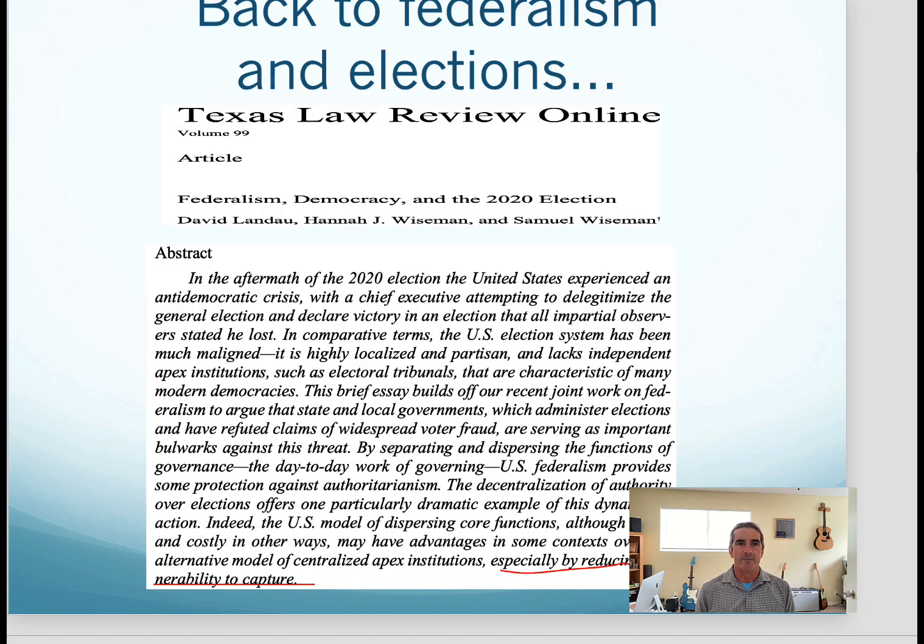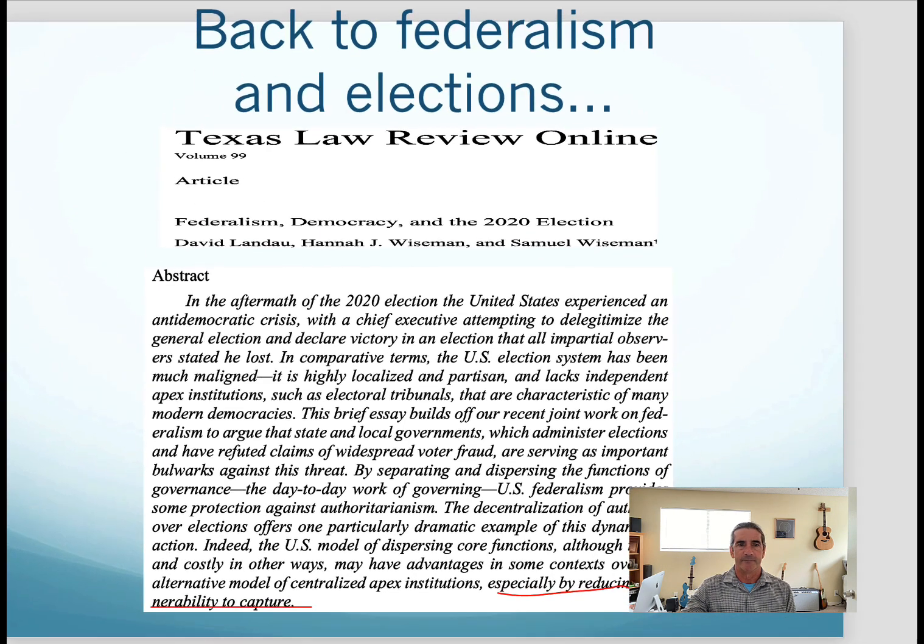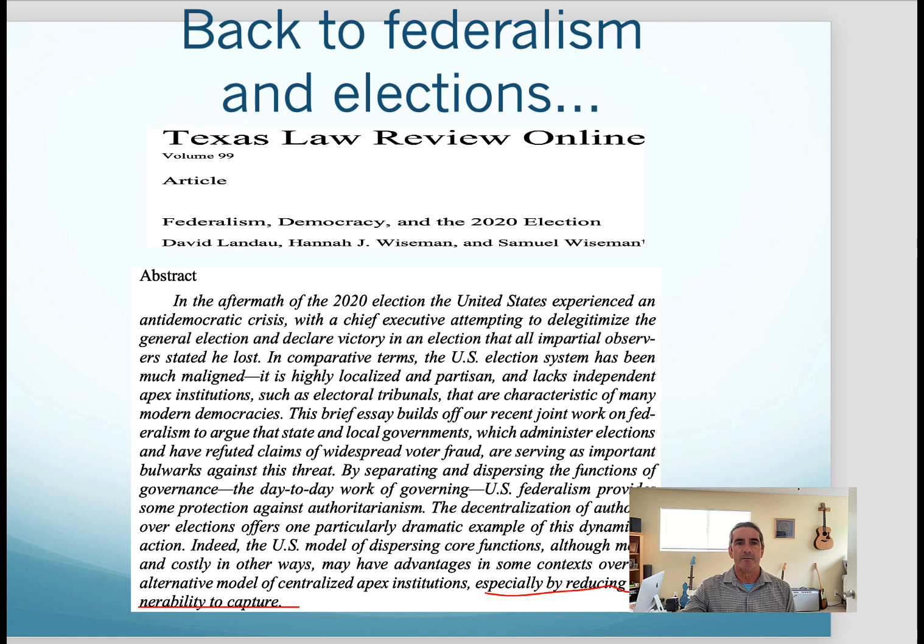There's an argument to be made, and I'll pull this down a little bit so you can see the headline. There's an argument to be made that part of why the allegations of a stolen election in 2020 and massive voter fraud made by President Trump could not possibly be true and were not true is because of federalism.